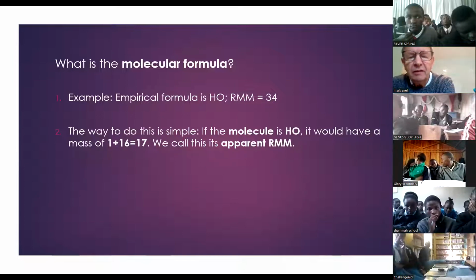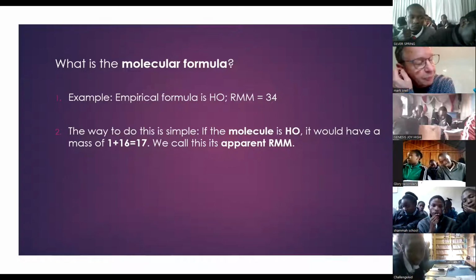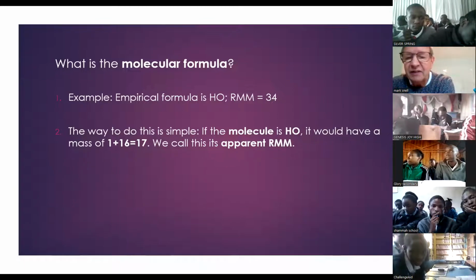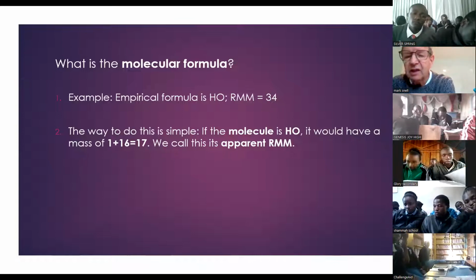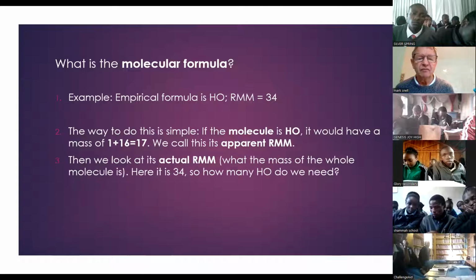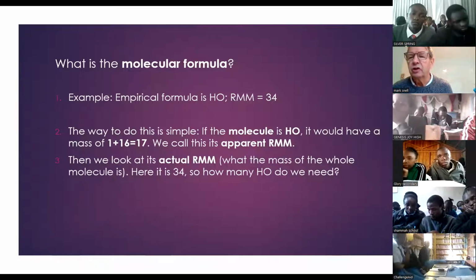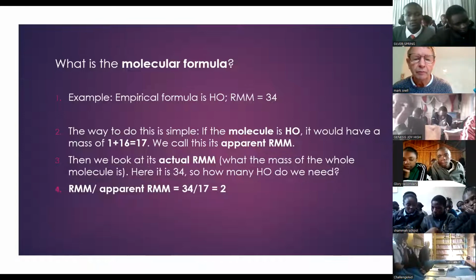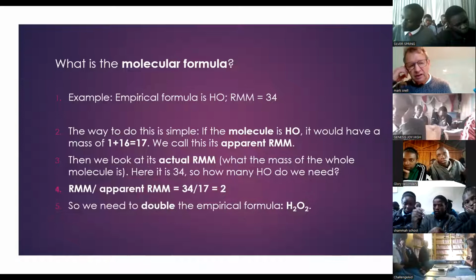So if the empirical formula was the molecular formula, it would weigh 17. But we are told the RMM is 34. So that's 2 times 17. And therefore we need 2 HOs, which makes it H2O2. Okay, that's how we do it.